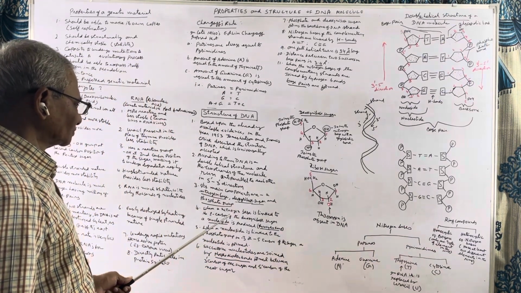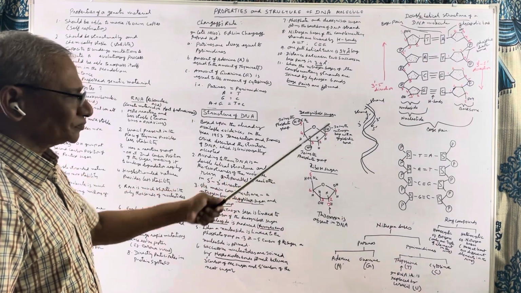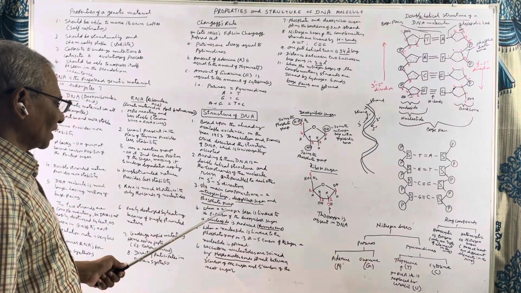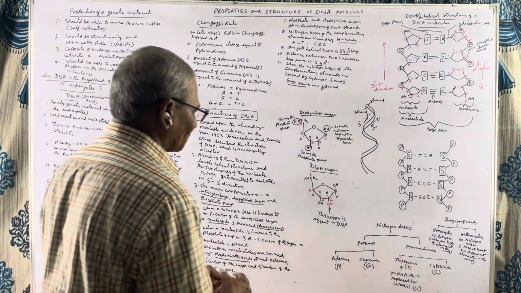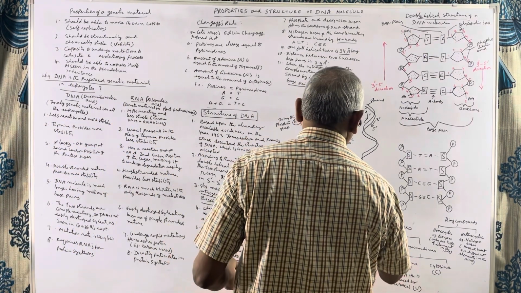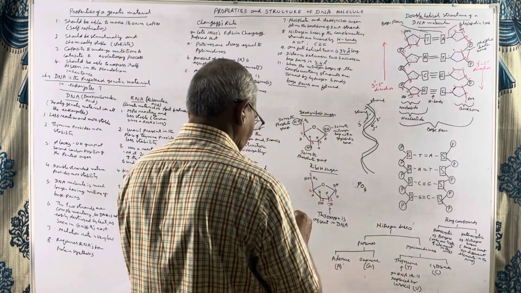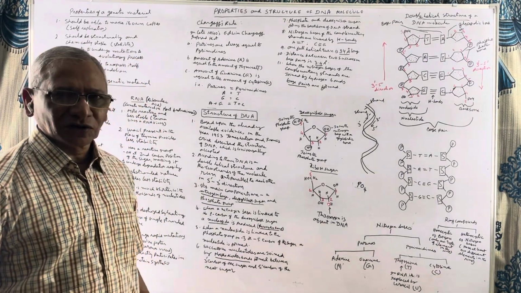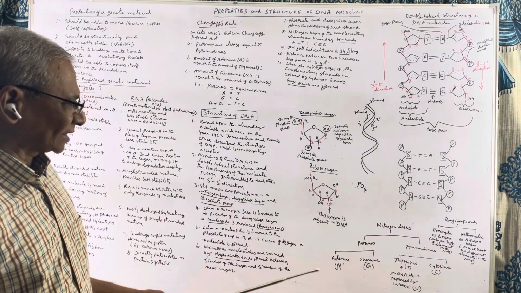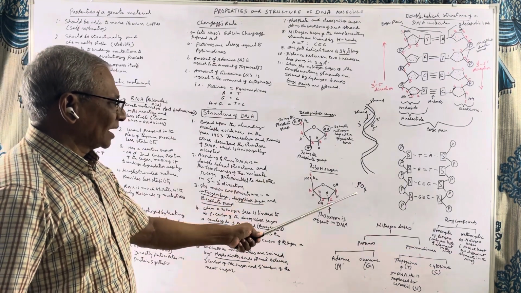Then deoxyribose sugar, this one, and the phosphate group, that means PO4. So these are the three main components of a DNA molecule. What are they? A nitrogen base, deoxyribose sugar, and phosphate molecule.